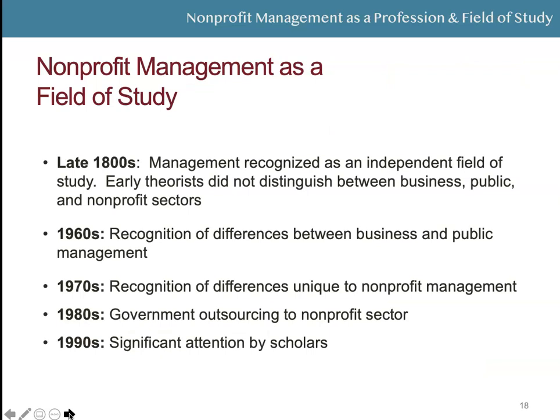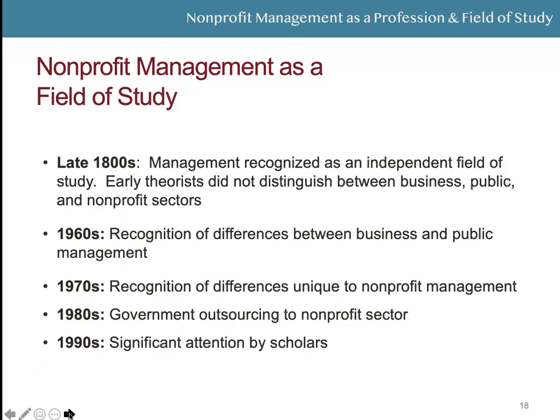Just a little bit more background. You may know that management became a field of study in the late 1800s. People started actually studying management as our country went through the Industrial Revolution, and we stopped having an economy that was based on agriculture, and we started having an economy that was based on building things.